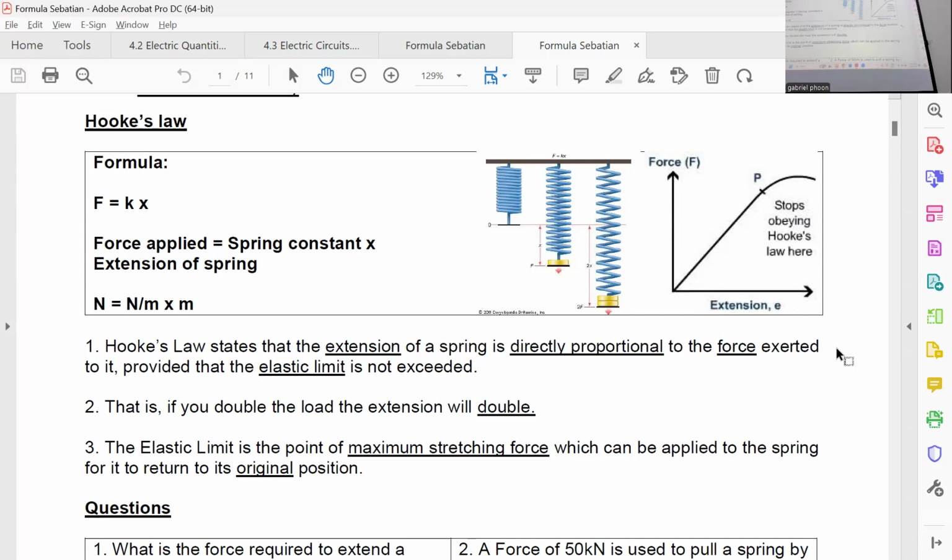I want to repeat again, everyone. Listen up. 1 kilonewton is 1000 newtons, guys. Kilonewton, kN. 1 kN is 1 kilonewton, and 1 kilonewton is 1000 newtons.